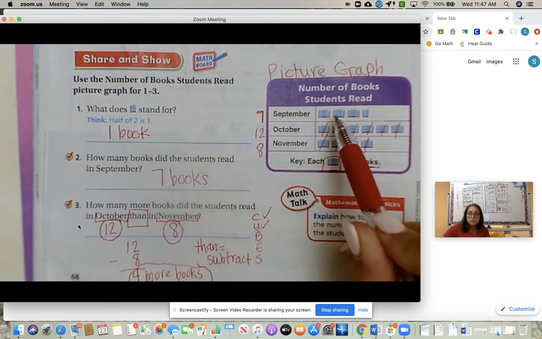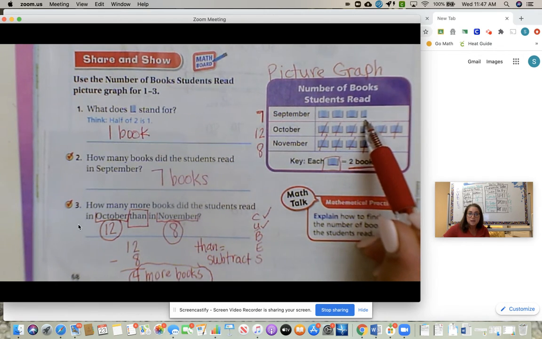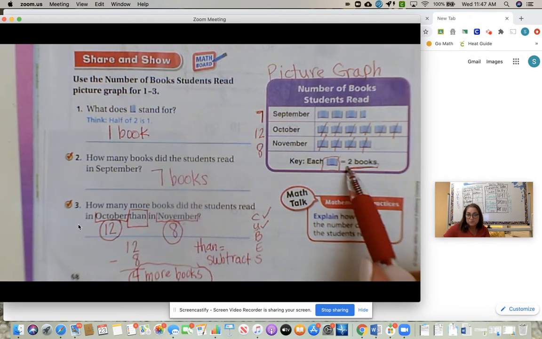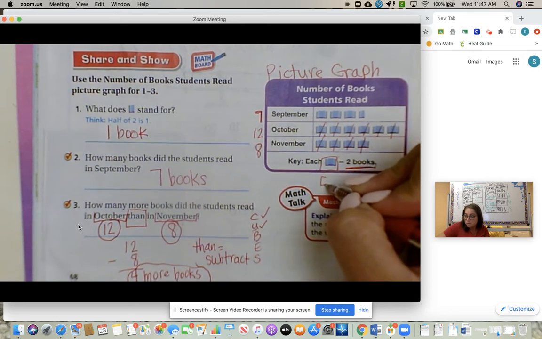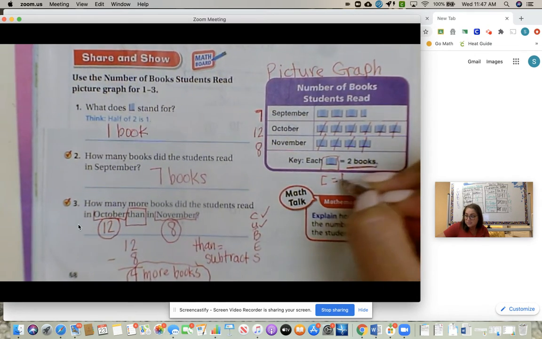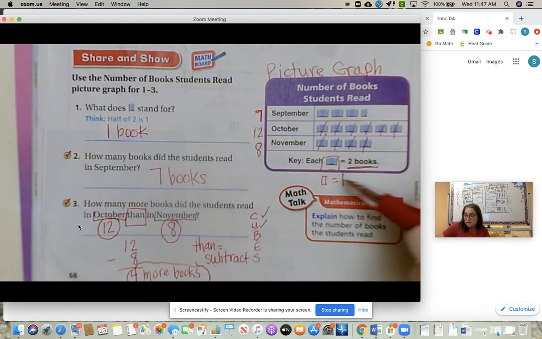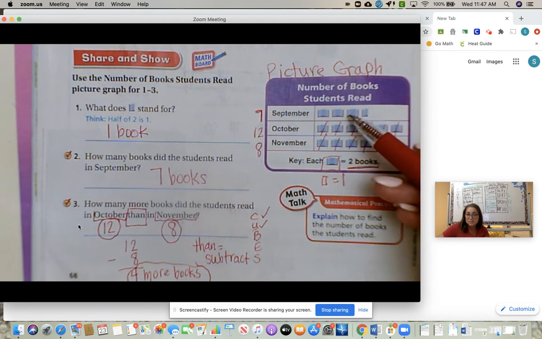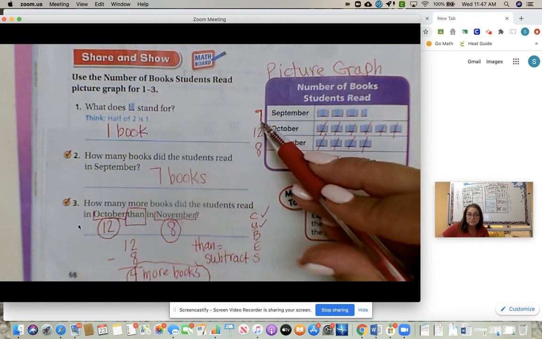So we go up here, 2, 4, 6, that's half a book. What is half of 2? We discussed half of 2 is 1. So if you want to draw half a book, so you know that half of a book is 1, then it's 2, 4, 6, plus 1 is 7.